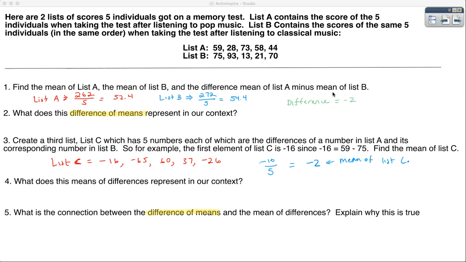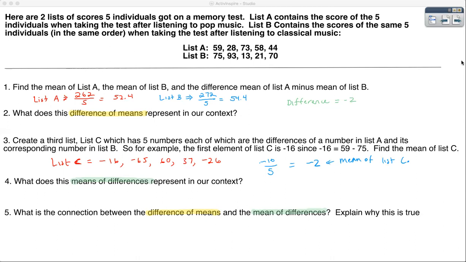And then the mean of differences is referring to the answer we got in question number 3. So what's the connection? Well, if I look at the actual numbers, you may notice that they're exactly the same. The difference of means and the mean of differences were both negative 2.